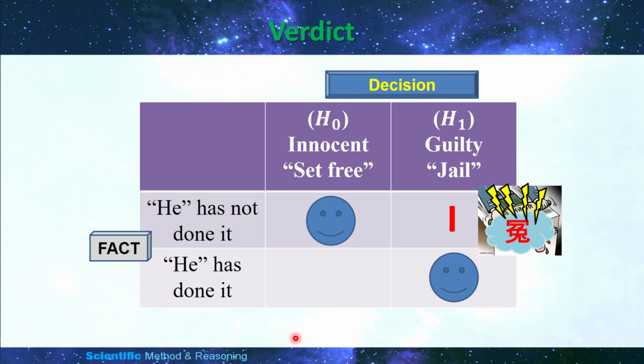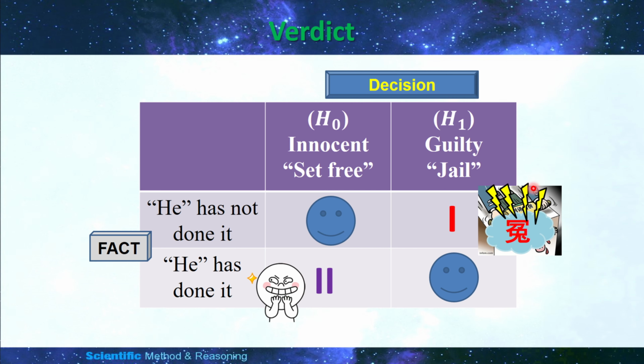But on the other hand, if the suspect has in fact committed the crime, but he has a lot of money to hire the best lawyer in the city to fight for him, and finally he was set free, so the null hypothesis cannot be rejected only because he has a very good lawyer, this is another type of error that we call the type 2 error.